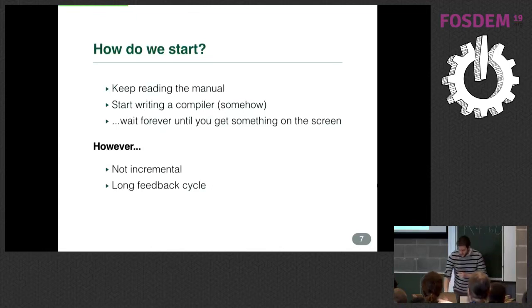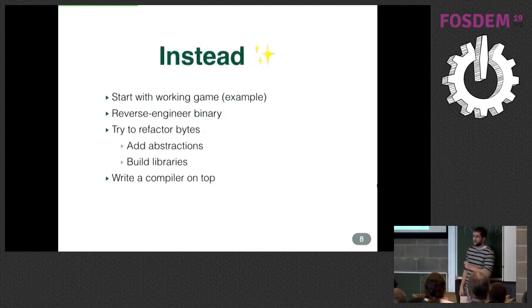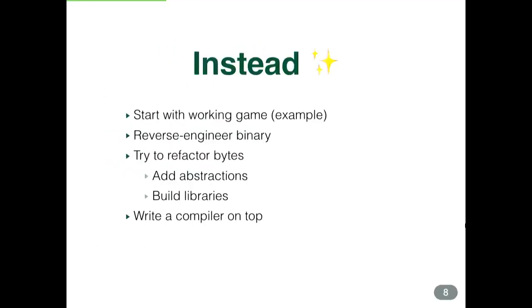So instead, we decided to start with a working game that, as Tijn will show you later, was just a Hello World, the simplest ROM that you could find. And we're going to reverse engineer this binary using Forth into a readable program that you can actually modify later on. Then on top of that, we will write a compiler. Tijn will show you the steps more carefully later.